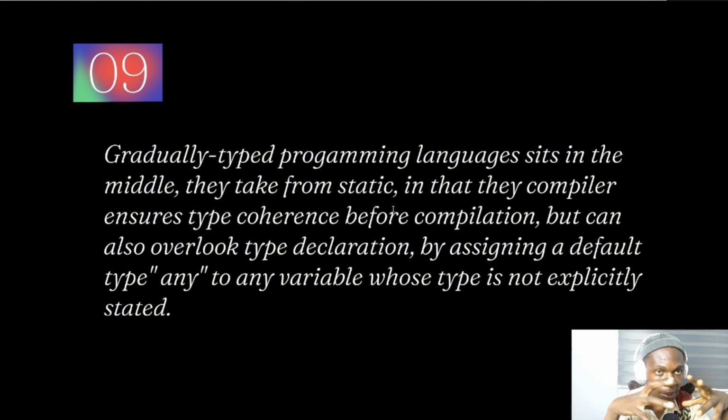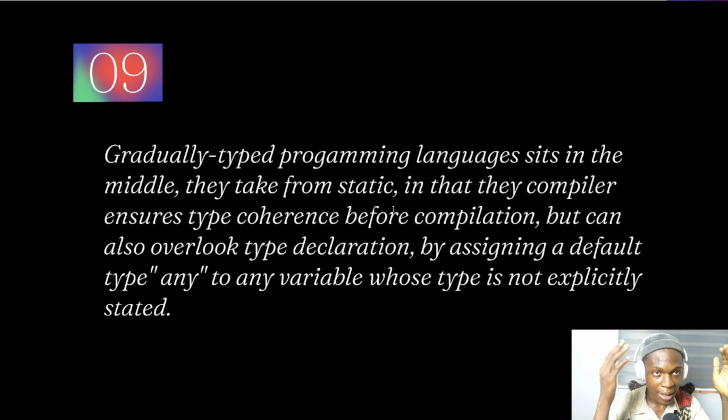Gradually typed programming gives us the flexibility of both static programming and dynamic programming. Now, of course, it still doesn't mean that you can't make type errors. Let's say, for instance, you first told us that this variable is a number, and then later on you come in to tell us that this variable is a string. You are going to have errors, right?